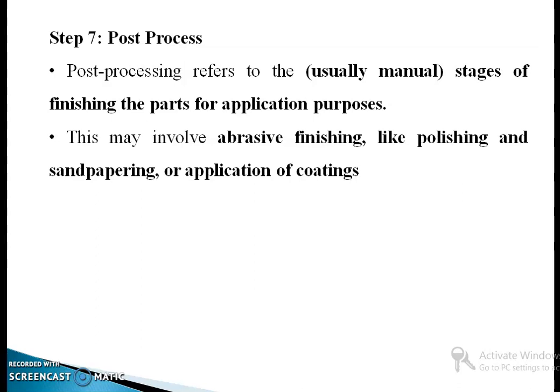In your seventh step, post processing refers to the usually manual stage of finishing parts for application purposes. This may involve abrasive finishing like polishing and sanding, or application of a coating. Means finishing of a product is done, that is called post processing, which is done in your seventh step.